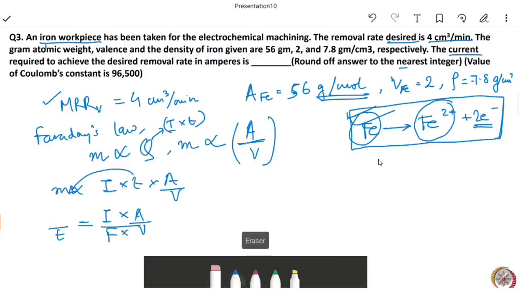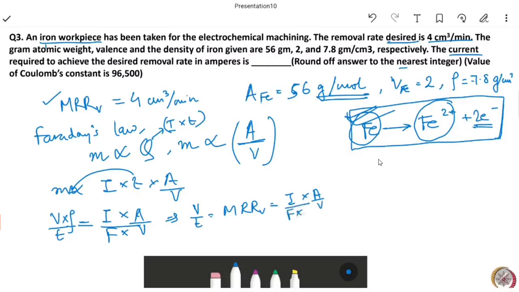Mass can be written as volume into density, right? Density of the material that is taking part in the reaction. So V by t is nothing but the volumetric material removal rate, which is equal to I into A by V divided by F into rho.